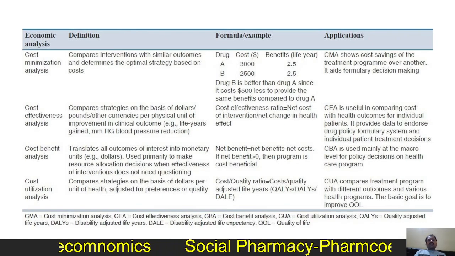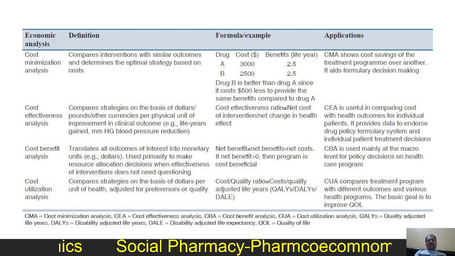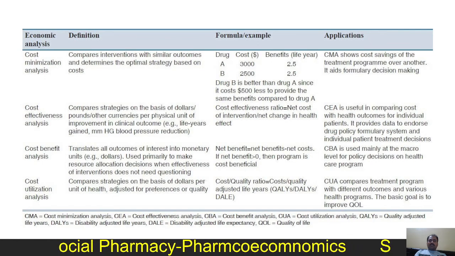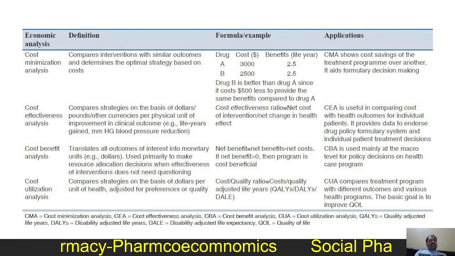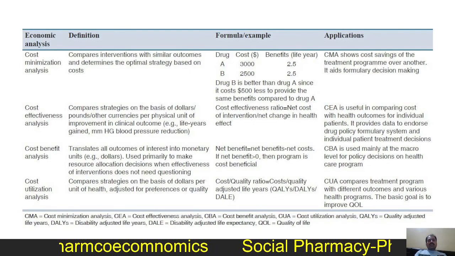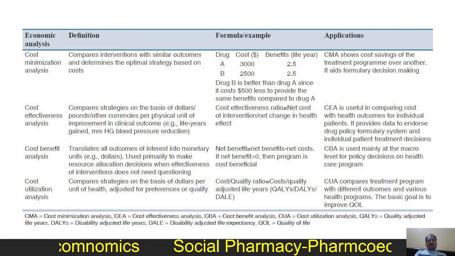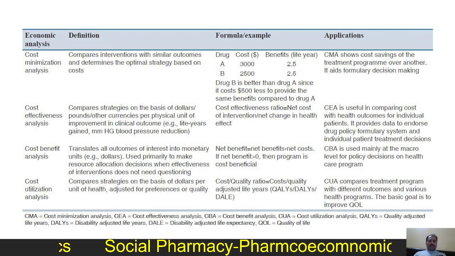Cost benefit analysis is especially the translation of outcomes of interest into monetary units, for example dollars if that is the currency we are using, used primarily to make resource allocation decisions when the effectiveness of the intervention does not need questioning.